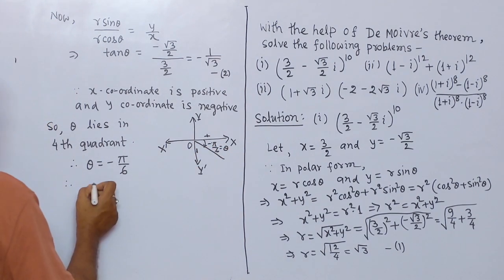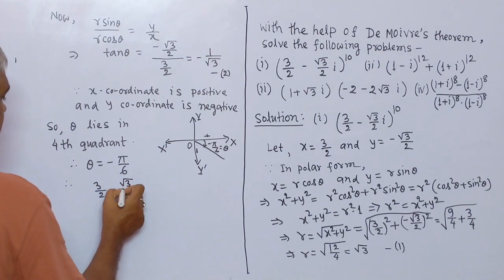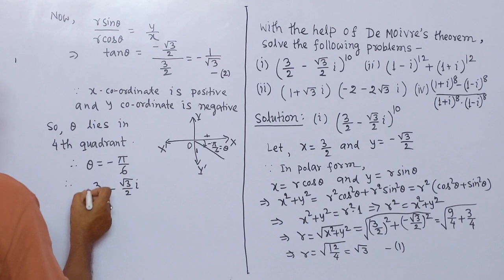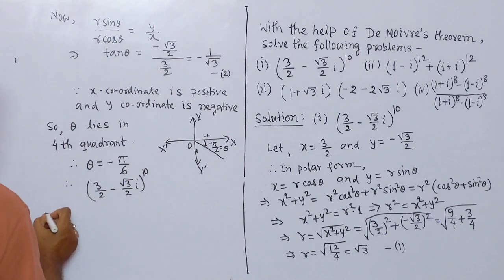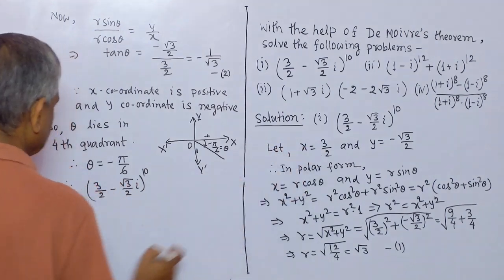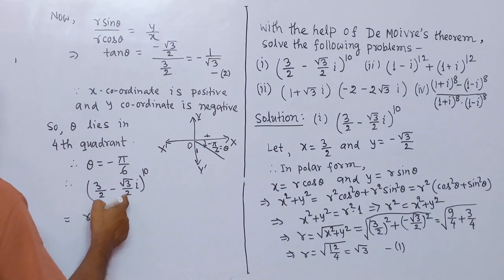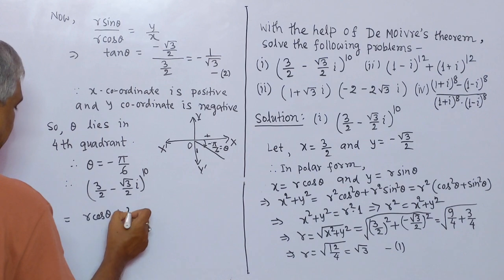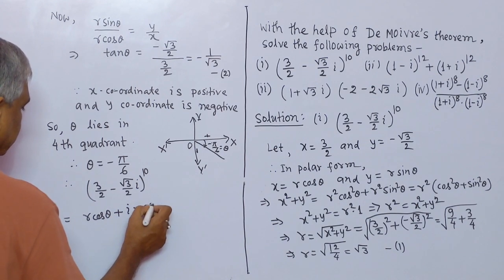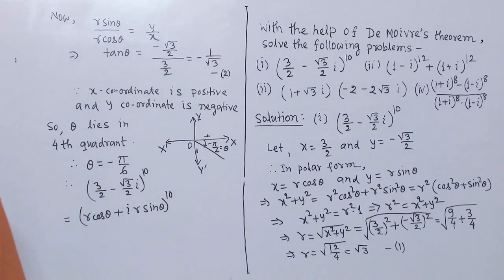Therefore, 3 by 2 minus square root 3 by 2 i, to the power 10, equal to, x is r cos theta and y is r sin theta, so here we have r cos theta plus i r sin theta to the power 10.